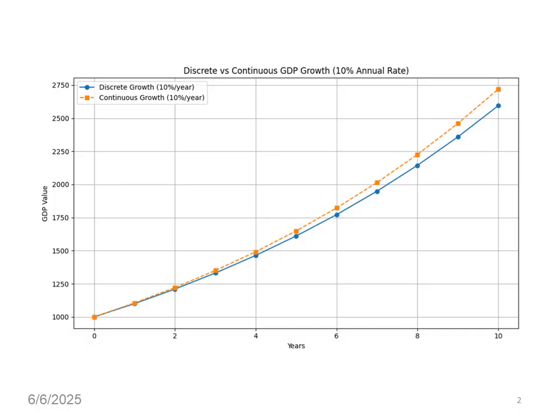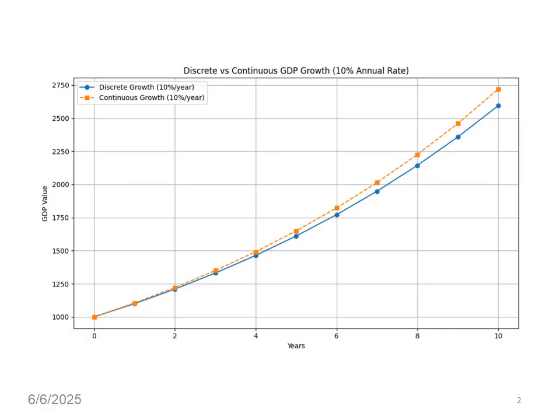That's why on this graph, GDP growth calculated using continuous, which is shown by the yellow line, is greater than that of the blue line. Because of this, there is a difference.